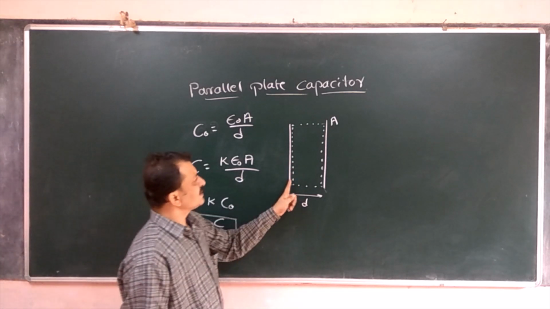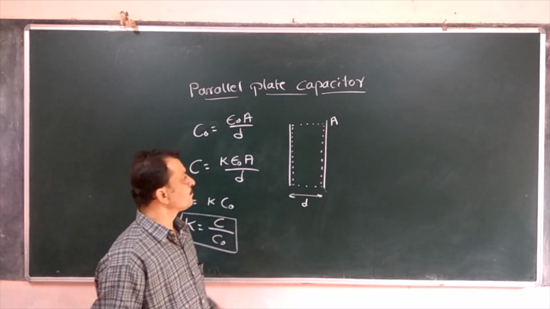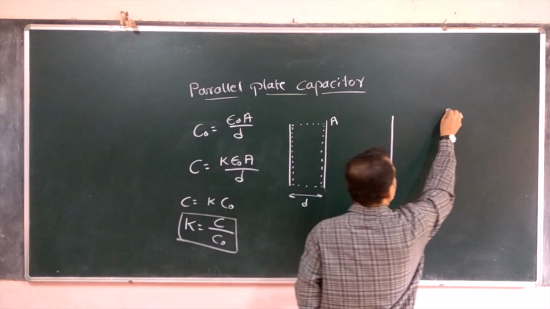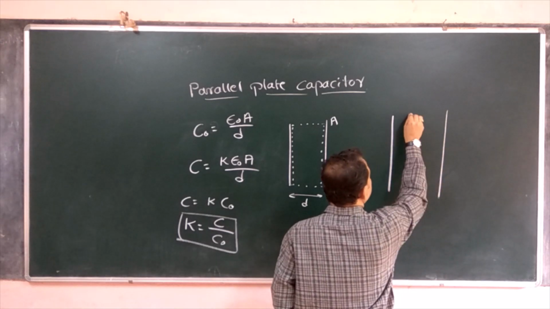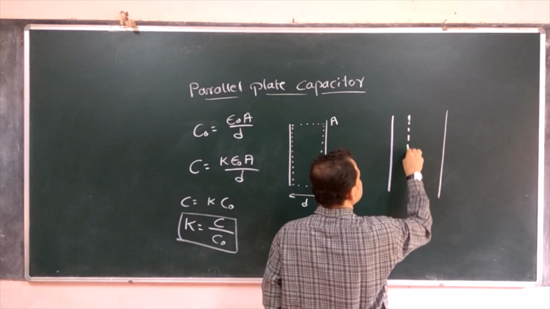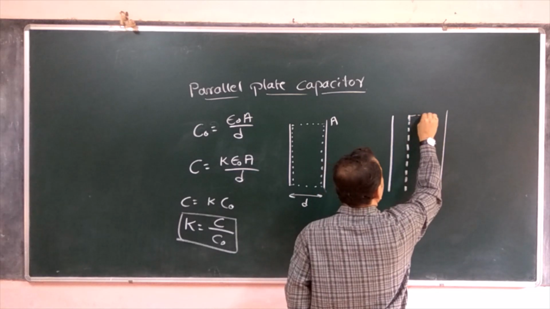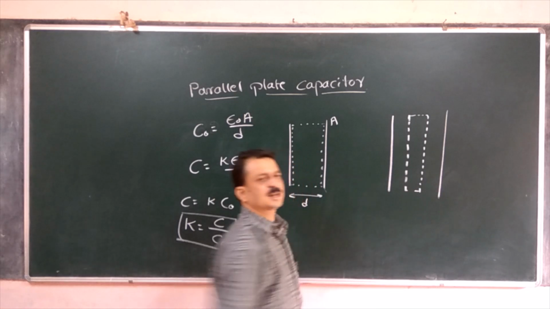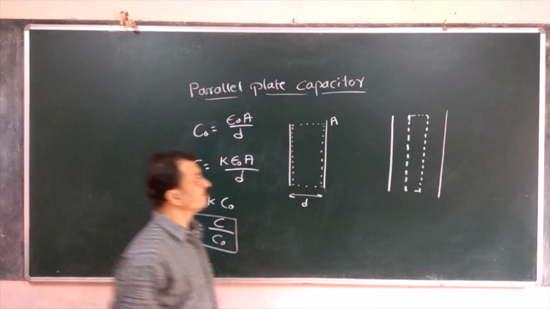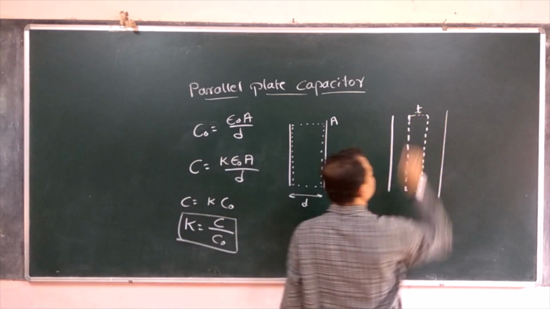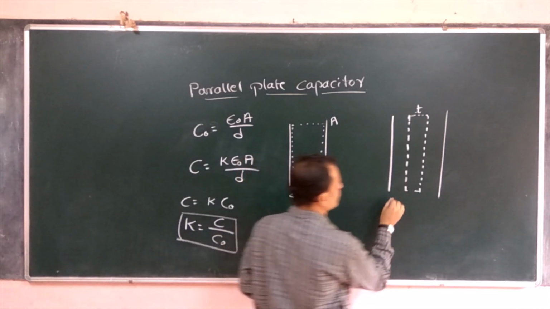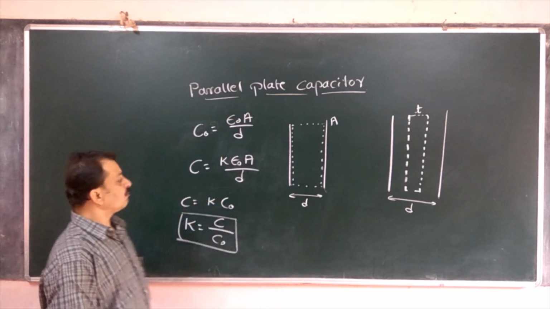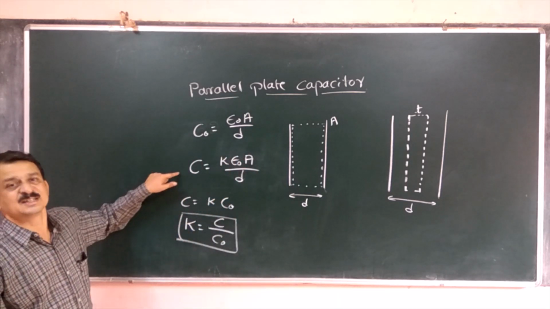Now instead of placing the dielectric in the entire space, if the dielectric is placed as shown here, only in a particular region, and the other two regions are air medium, and if t is the thickness of the dielectric and the distance between the two plates is d, then what will be the formula for the capacitance?